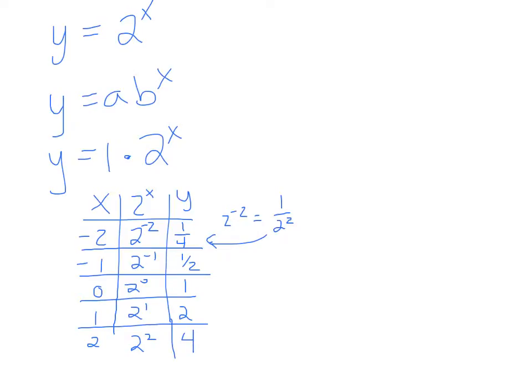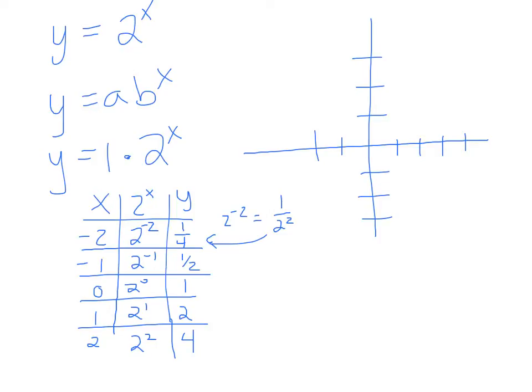4. If you go to the graph, it looks kind of funky. If you go to -2 on the graph, you see that the value is only 1/4. At -1, the value is half. When we get to 0, it's 1.